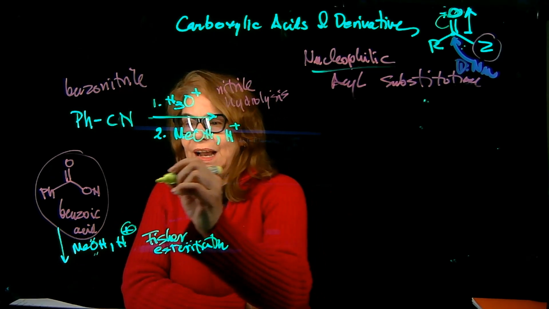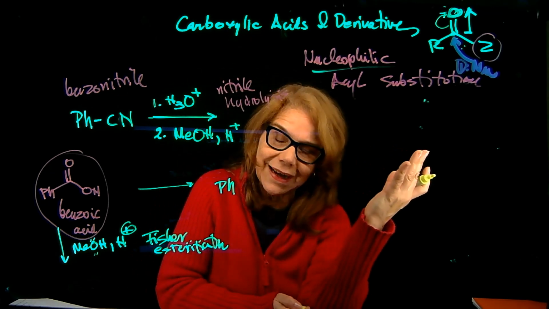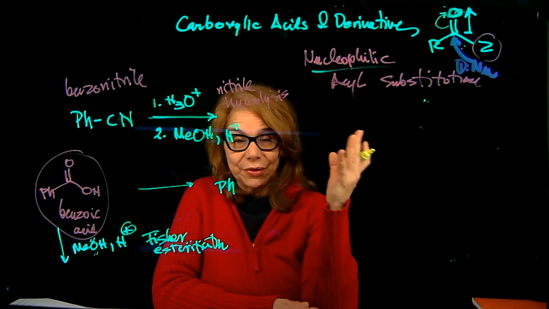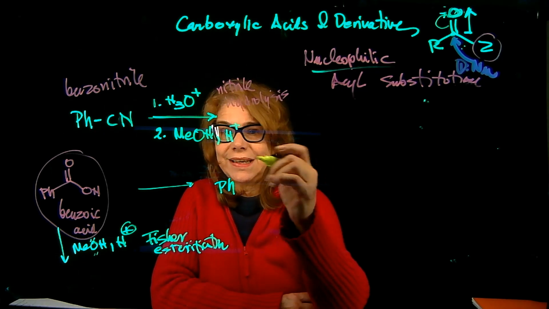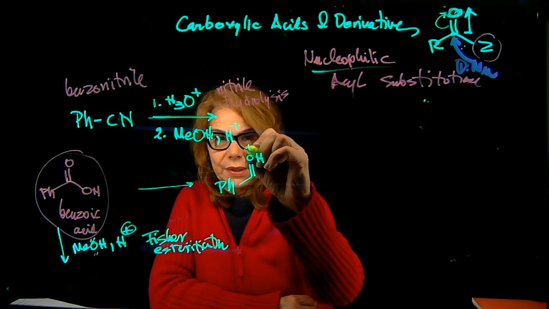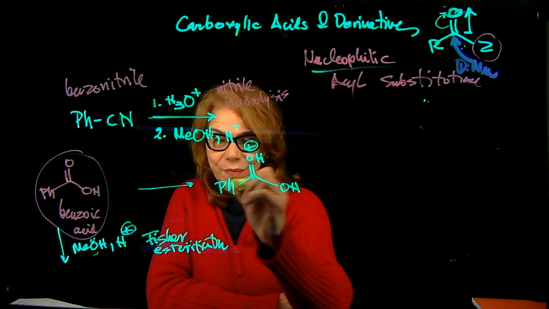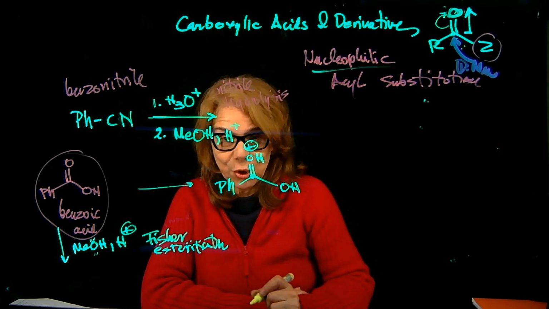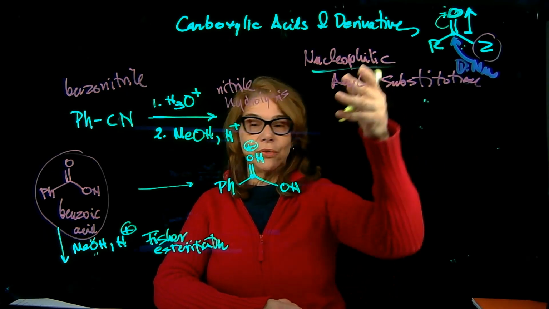Under acidic conditions, when you have aldehydes, ketones, or carboxylic acid derivatives that are not too reactive, the acid acts as a catalyst by protonating the carbonyl oxygen, and that makes this carbon more electrophilic, so more susceptible to nucleophilic attack.